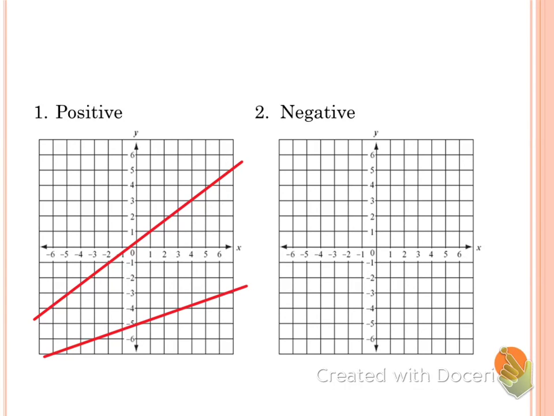Like that line is still a positive slope. They can have a really steep slope as long as it's going uphill from left to right. Or if we were to count our rise and our run, they would both have the same sign. Up and to the right, they'd both be positive, or down and to the left, a negative over a negative simplifies to be positive.